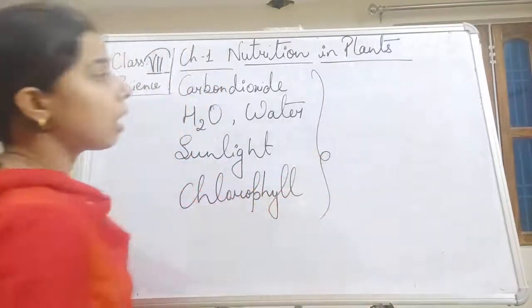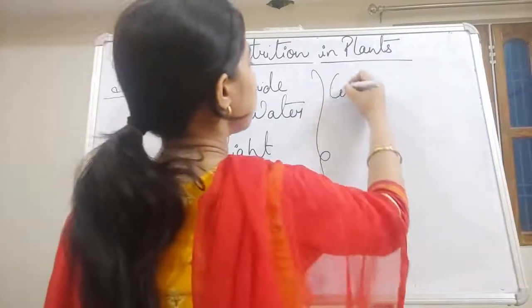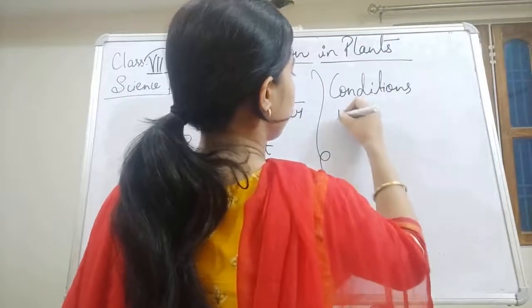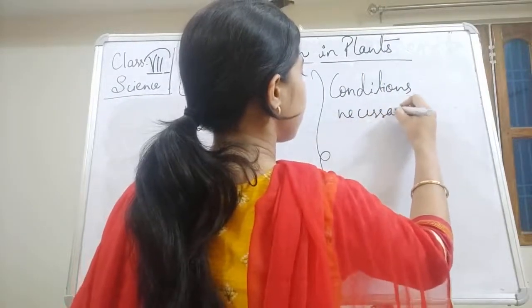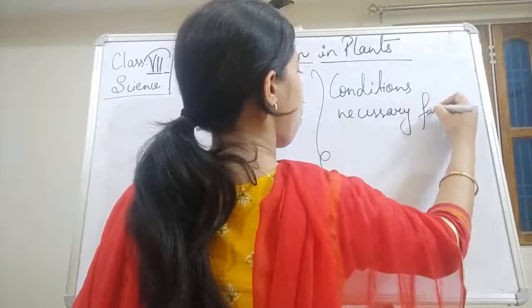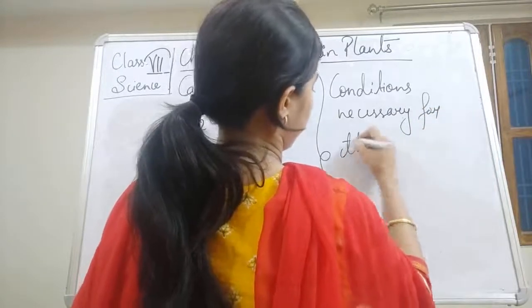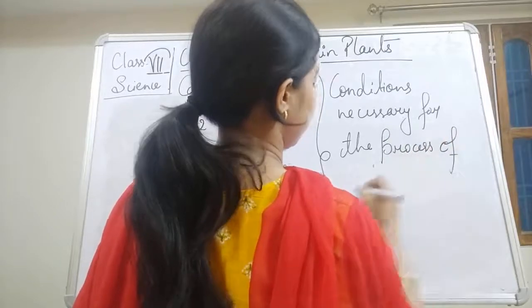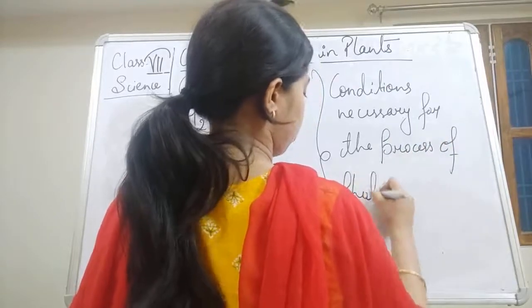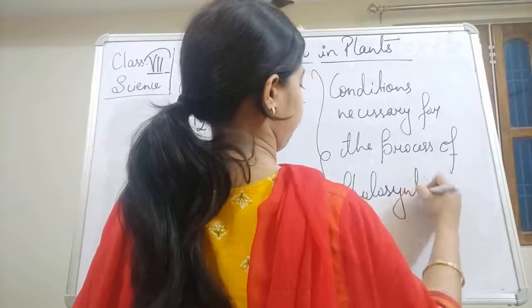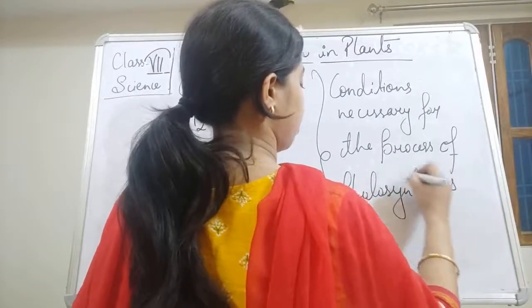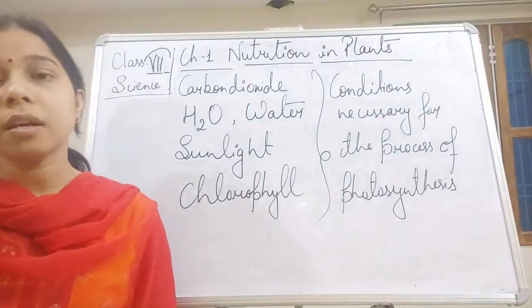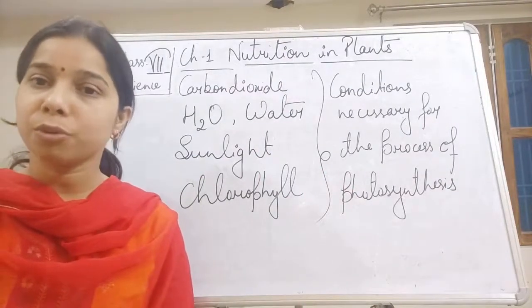So these are the conditions necessary for the process of photosynthesis. Okay, these are the conditions which are necessary for the process of photosynthesis.